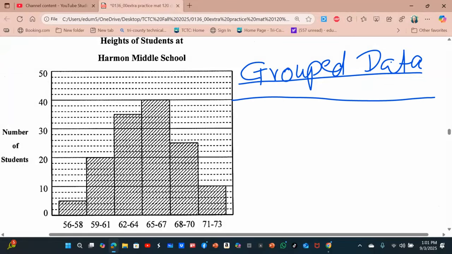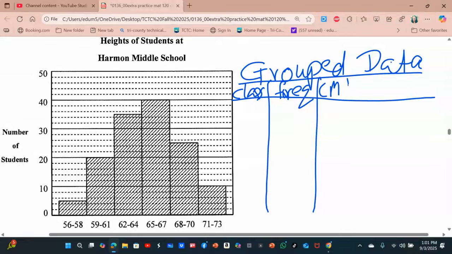This is the class, and here we shall write the frequency of each class. We want to write the class midpoint of each class.